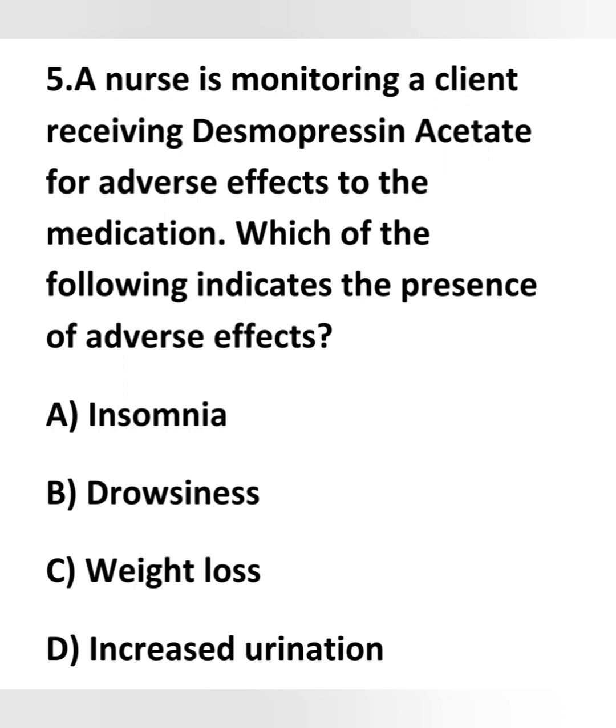So what is the action of desmopressin? It is mainly given to patients, or children, with bedwetting. We give desmopressin acetate to help reduce frequent urination. A patient receiving desmopressin may have water intoxication, that is overhydration, or hyponatremia as an adverse reaction.